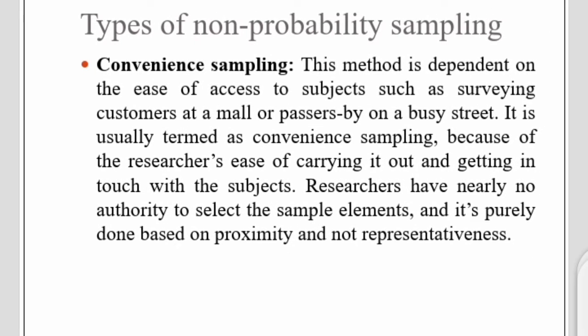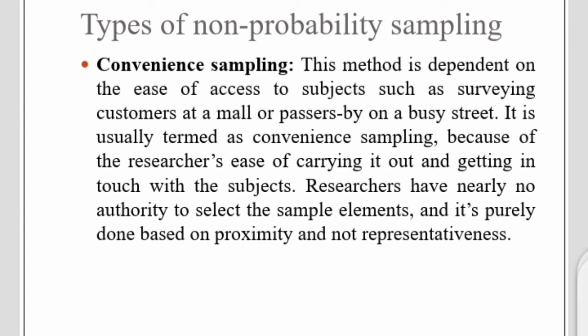Types of non-probability sampling. Convenience sampling. This method is dependent on the ease of access to subjects such as surveying customers at a mall or passers-by on a busy street.